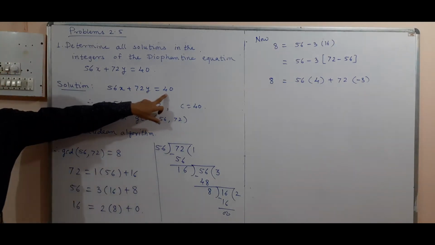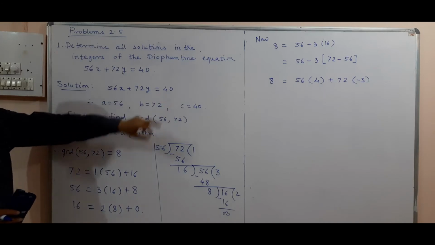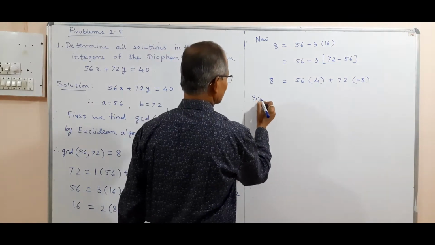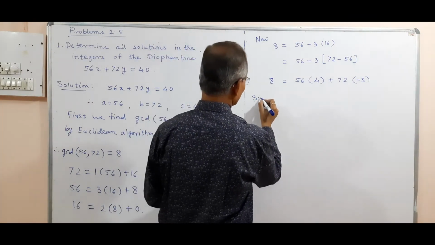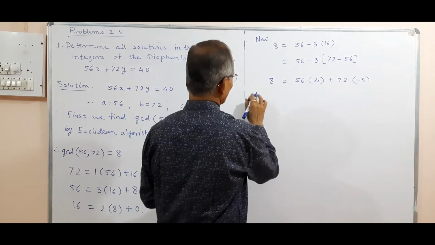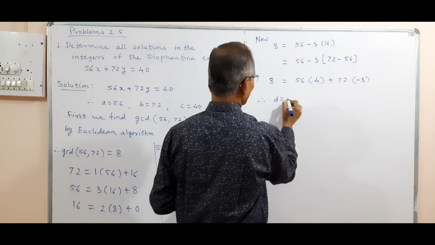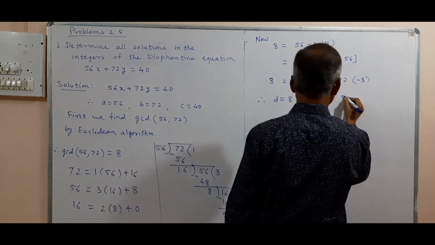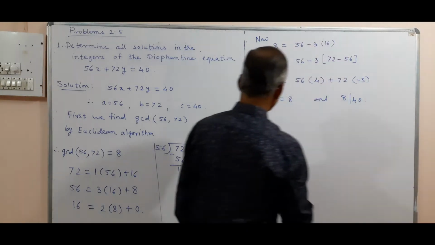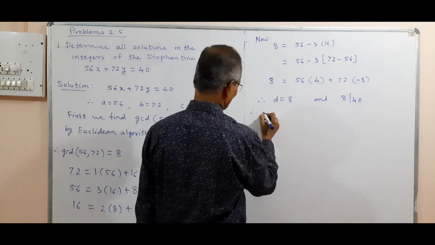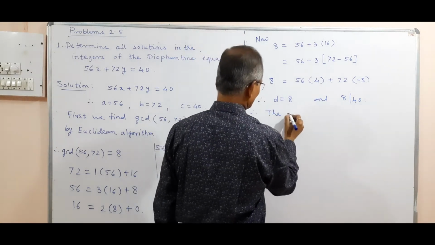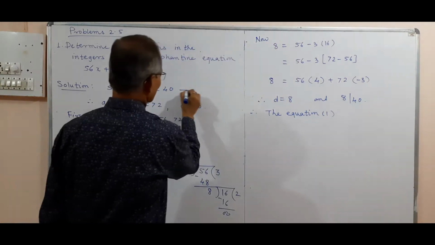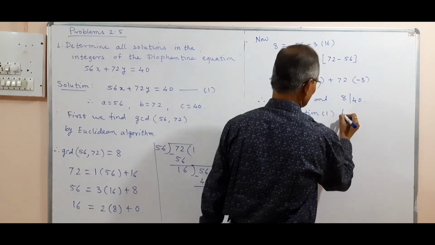Here it is 40, and obviously the GCD d divides 40, since d is equal to 8, and 8 divides 40. Therefore, the given equation, which we call equation 1, has a solution.